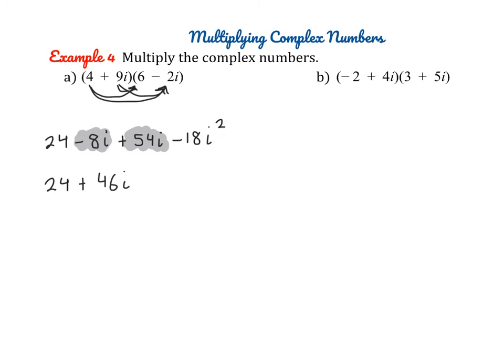So it's actually -18 times -1, which becomes +18. And then here you can see that after we simplify that, we can combine these two terms right here. So we get 42 plus 46i.